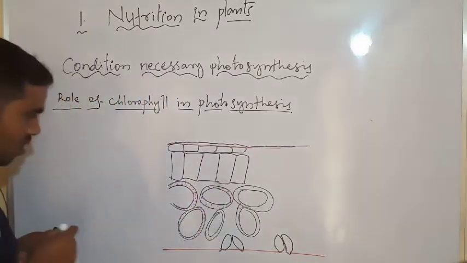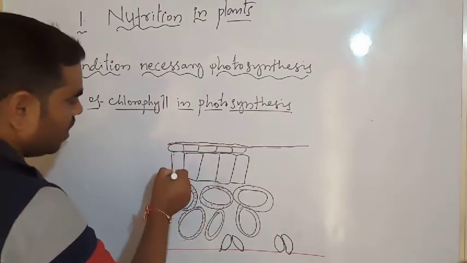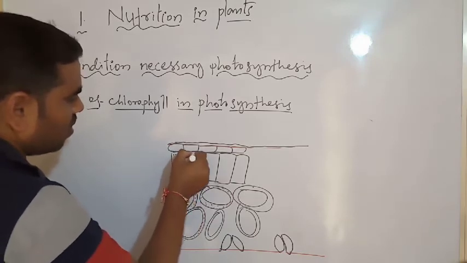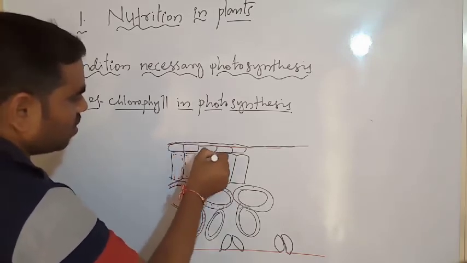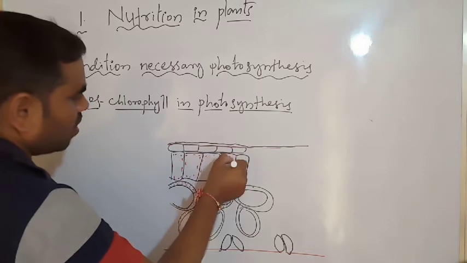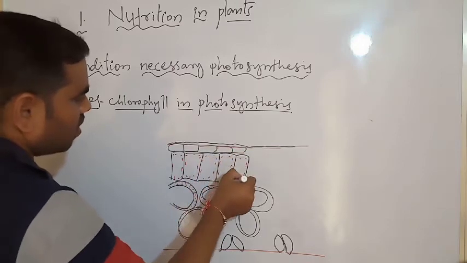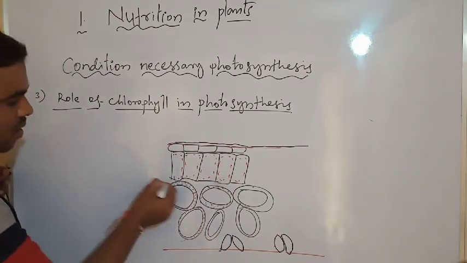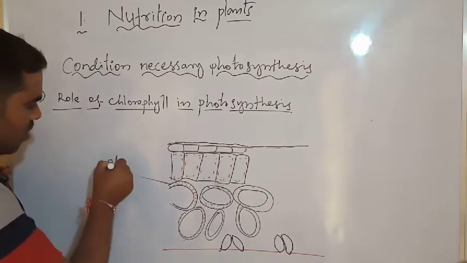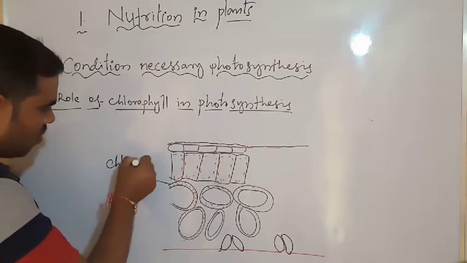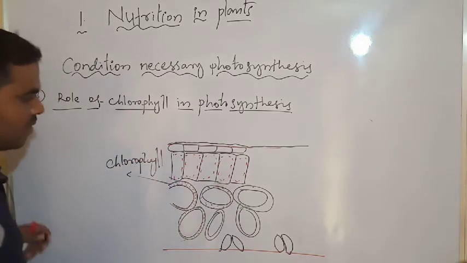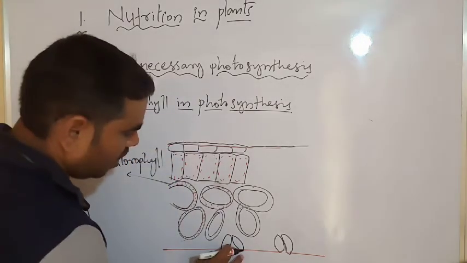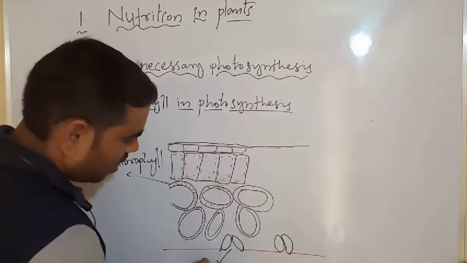See, this is chlorophyll. We have to see that chlorophyll is present here also. Here also it is present. See, this red color is chlorophyll, and this is a stomata.